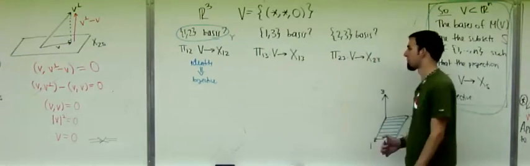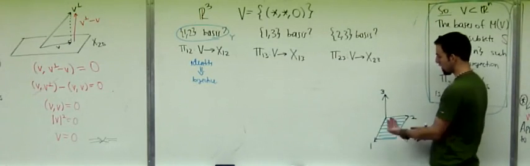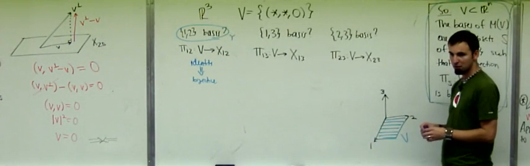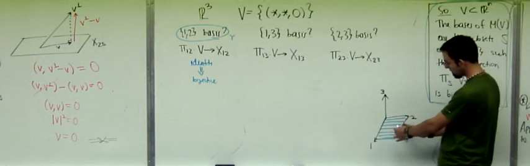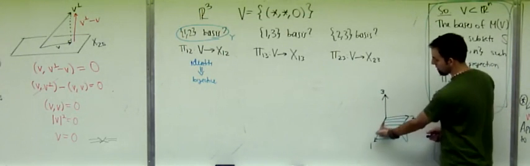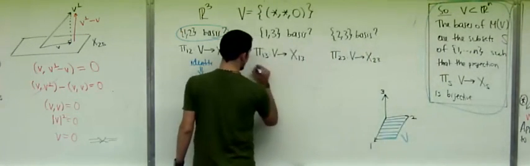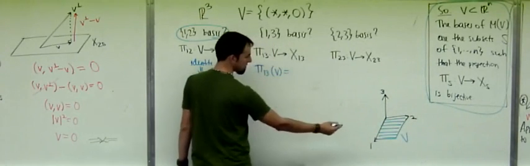1, 3. So I have to project my vector space V onto the plane 1, 3. Is that bijective? Well, you see, if I project the blue plane onto the 1-3 plane, then it's going to all land on the axis. The image is the one axis.